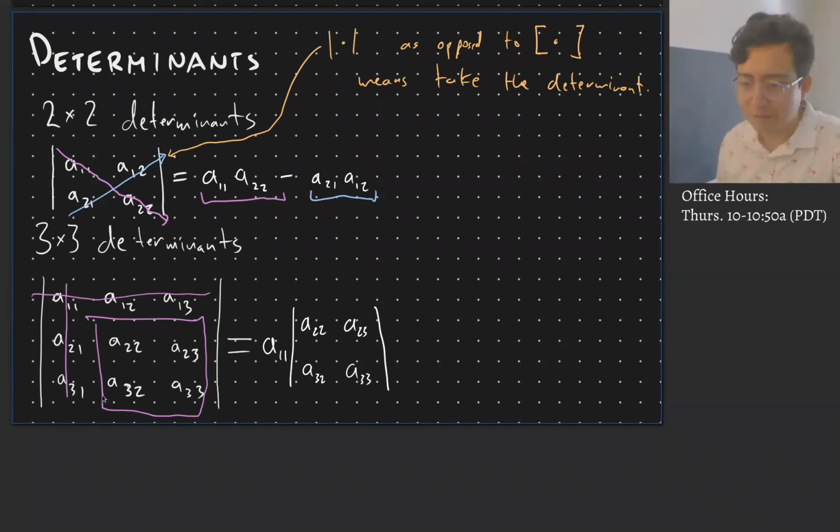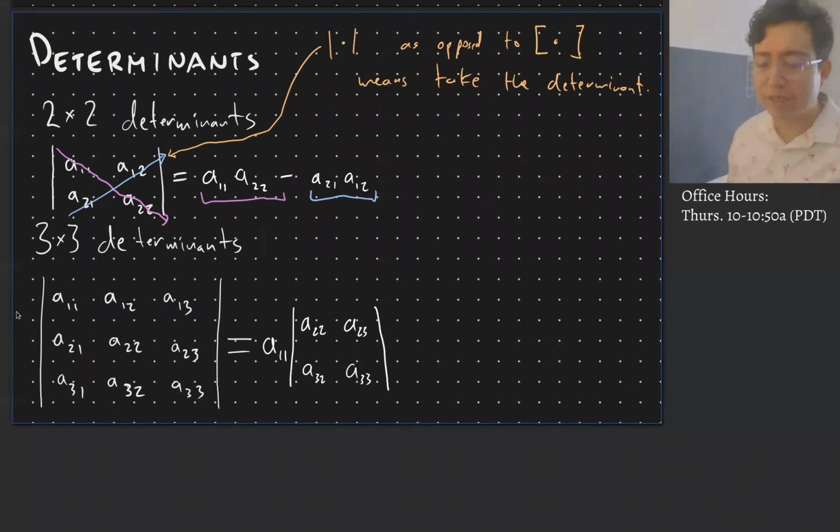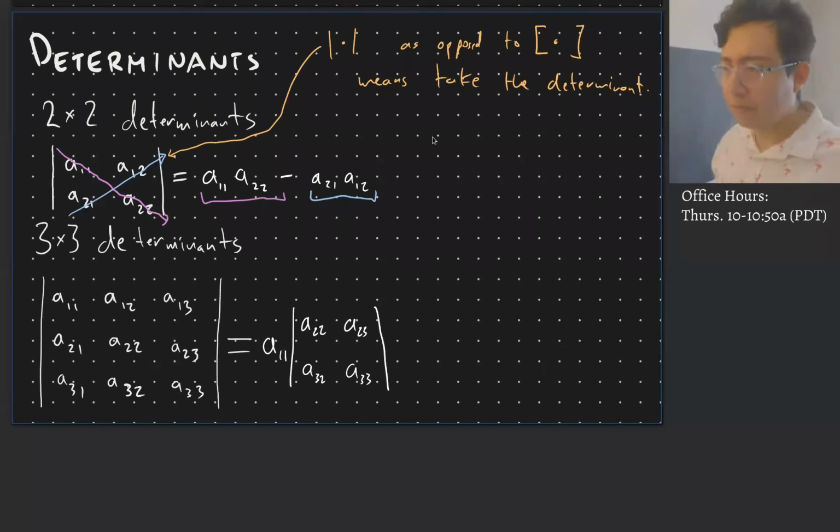That's the first term. Then we go back and keep doing this with the first row. We still delete the first row, but now instead of deleting the first column, we delete the second column, and we take A12, because that's the column we deleted.